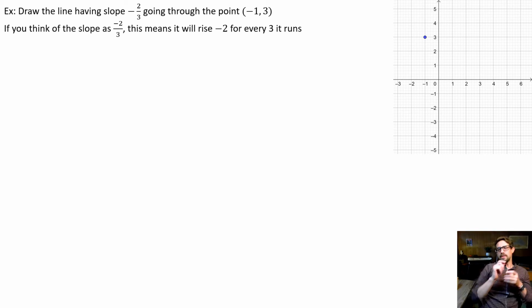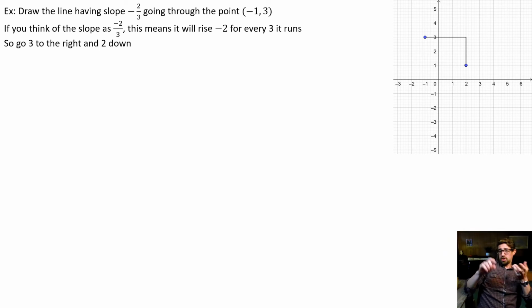So if you just always think of the run, since it's rise over run, as positive, then you're always going from left to right. So you run 3, and then every time you run 3, you rise negative 2, which really means you go down 2. So that's the process. You're going to go over 3 and down 2.